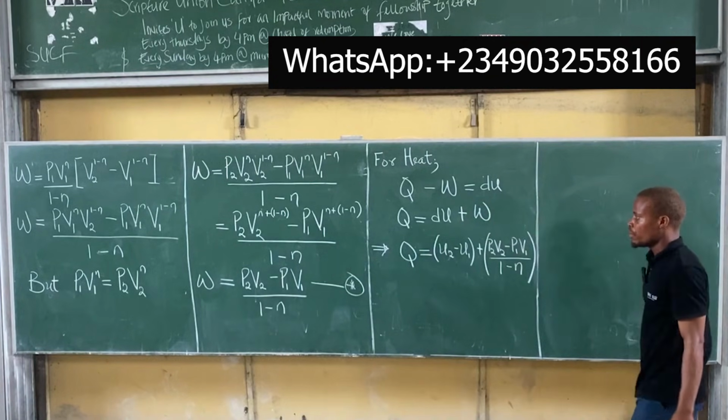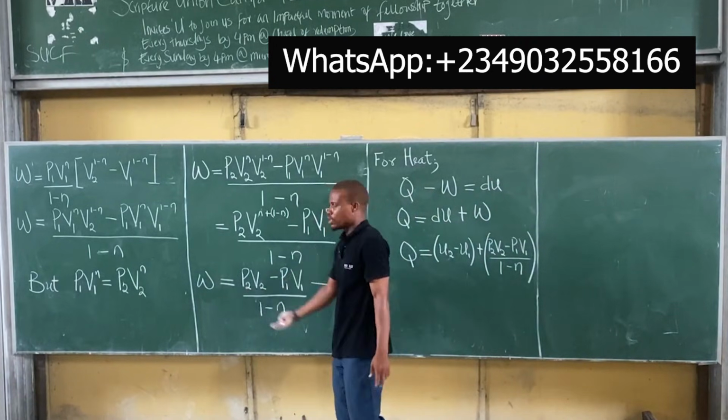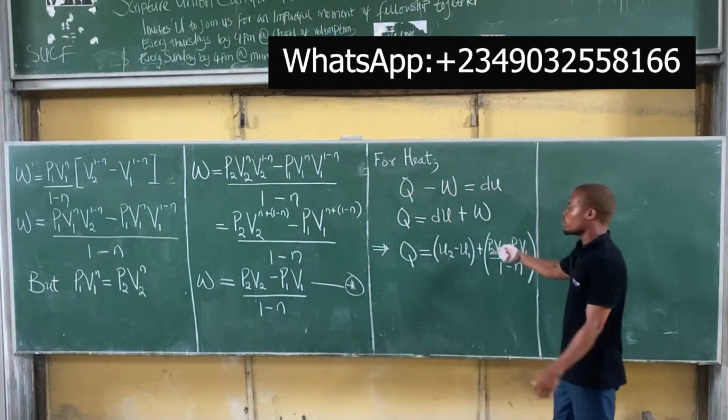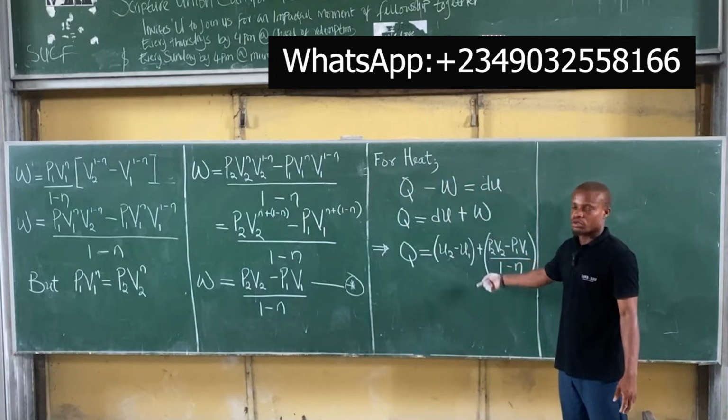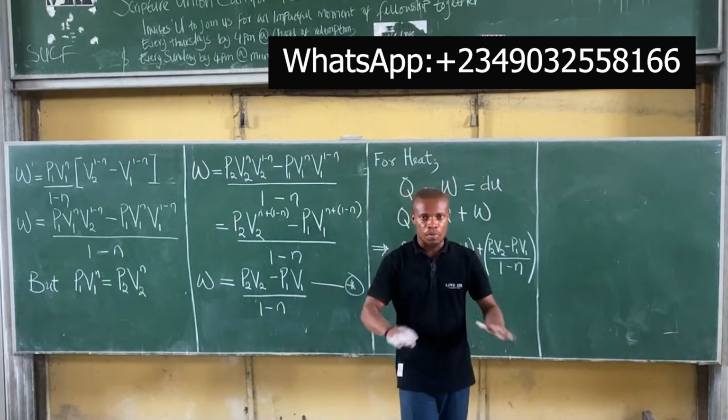So let's look at this. This is the work done for a polytropic process, and this is also the heat transfer for a polytropic process. Mind you, all these were given in total property.